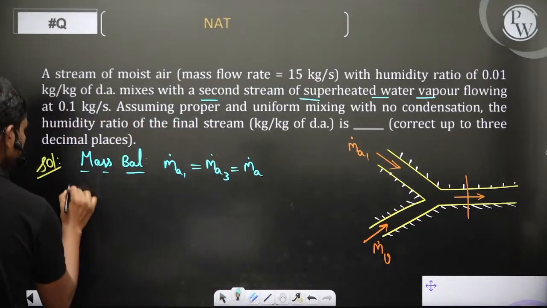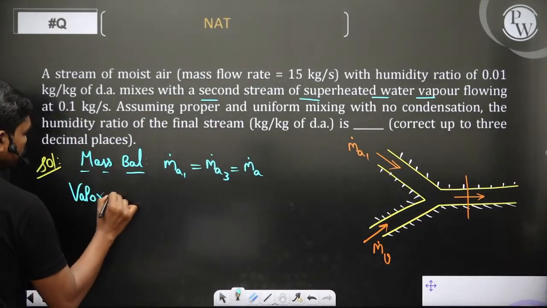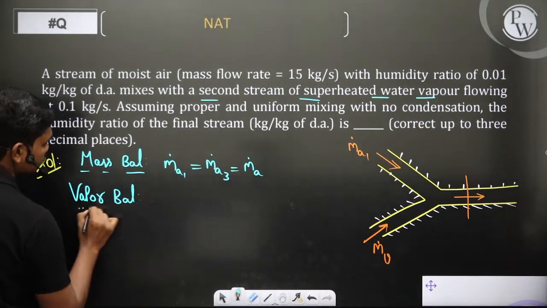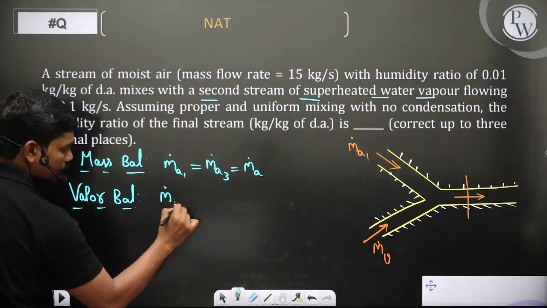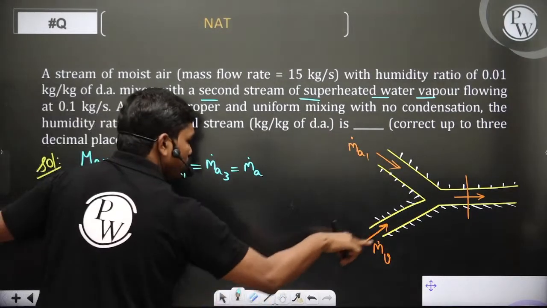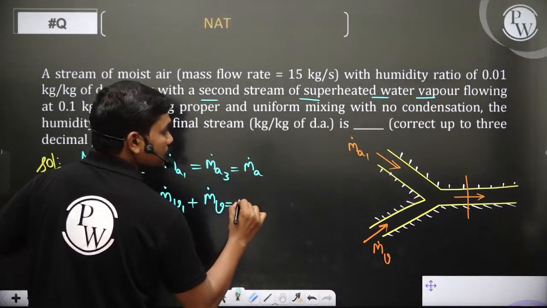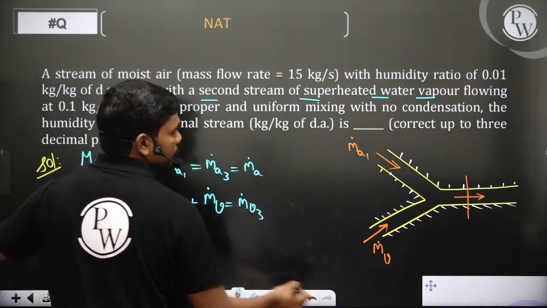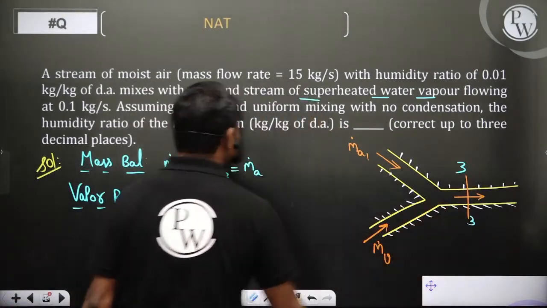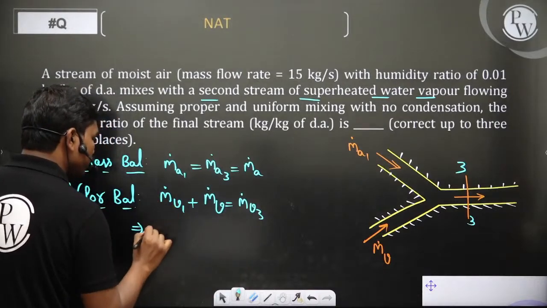Now if you apply vapor balance, m dot v1 plus this m dot v should be equal to the vapor present at the third state, m dot v3. So what is m dot v1?